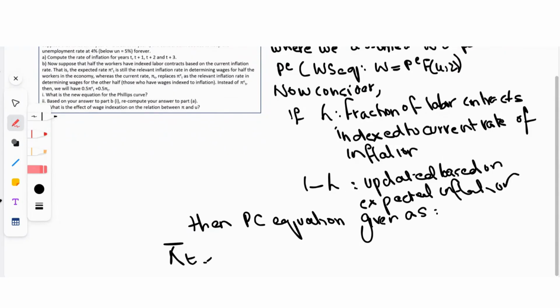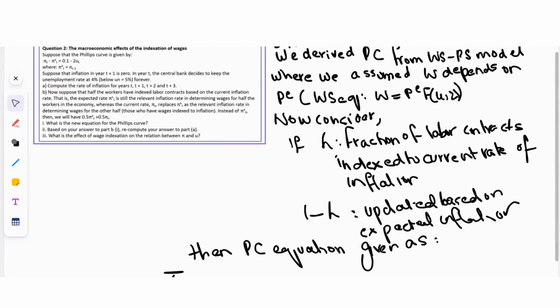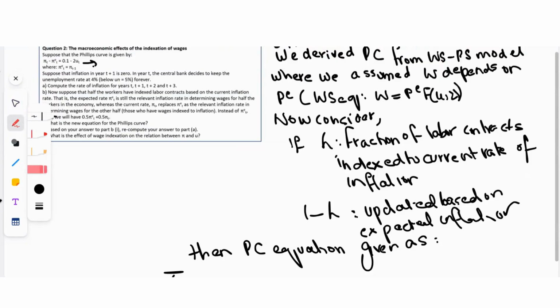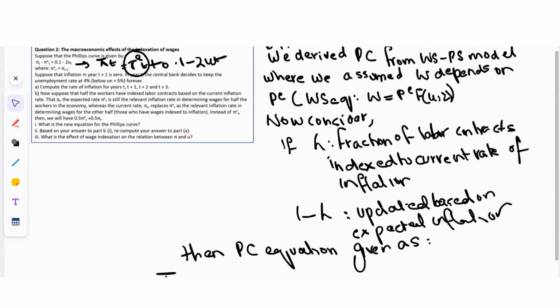so we have pi t. If we go back, this was the original equation of our PC: pi t is equal to pi e t plus 0.1 minus 2 u t. Here you just have pi e t, because when we derive the Phillips curve from the WS-PS model, in the WS equation we had P^e, and hence what was relevant was expected prices and expected inflation in determining the wage contracts.